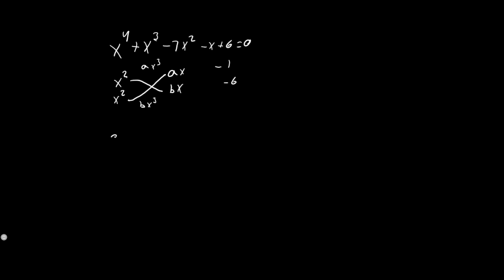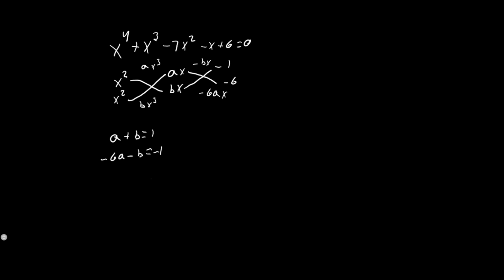So we're going to have a plus b is equal to 1. And we're going to multiply ax and bx with negative 1 and negative 6, giving us negative bx and negative 6ax, and it should add up to negative 1. So we're going to have negative 6a minus b is equal to negative 1.